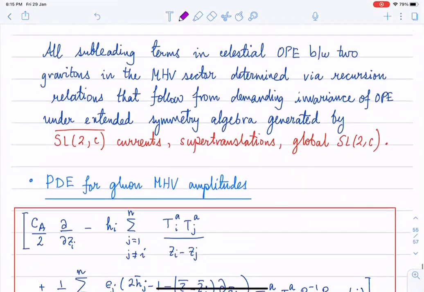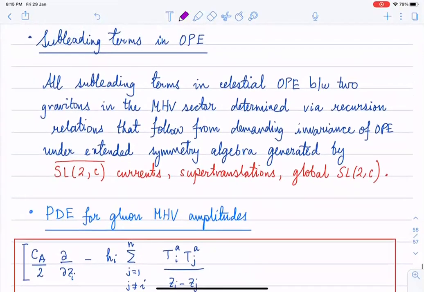And that is a story which should also be familiar from the study of 2D CFTs, because in the standard 2D CFT case also, if somebody tells you what the leading OP coefficient is, then by using the Virasoro symmetry, you can determine all the subleading OP coefficients as well. But in this case, what turns out to be useful is that to characterize the subleading terms in the OP, Virasoro is not very useful.